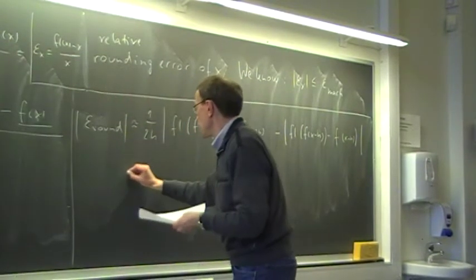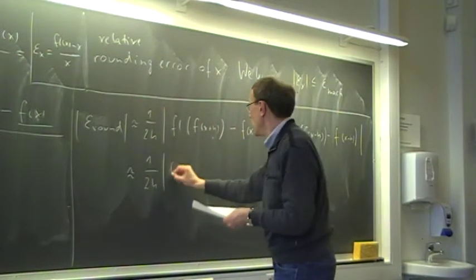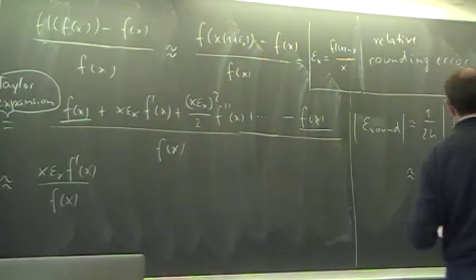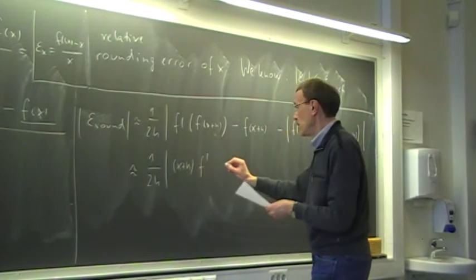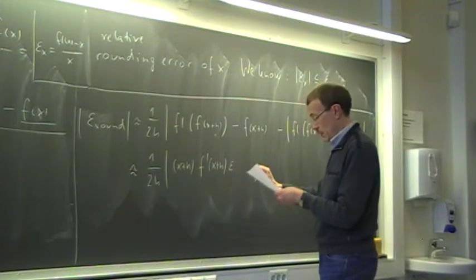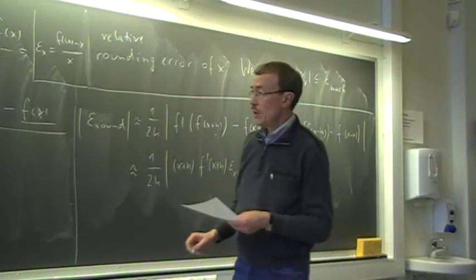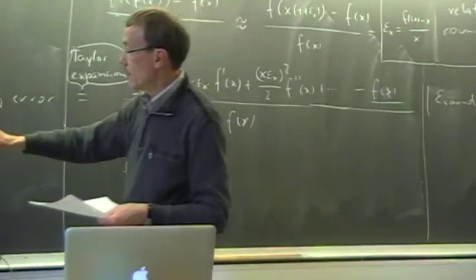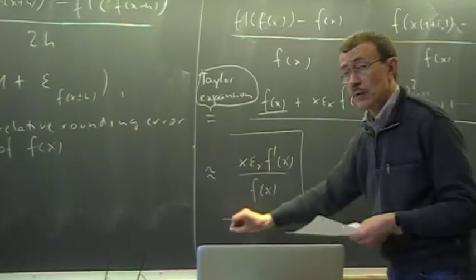So that is then approximately equal to 1 over 2h, and then here we had the formula for x, here we need it for x plus h, and then we have here the f prime of x plus h, and we have the relative error now of x plus h. So that is what we use here. We use that our relative error for the function that we derived here is approximately equal to that.